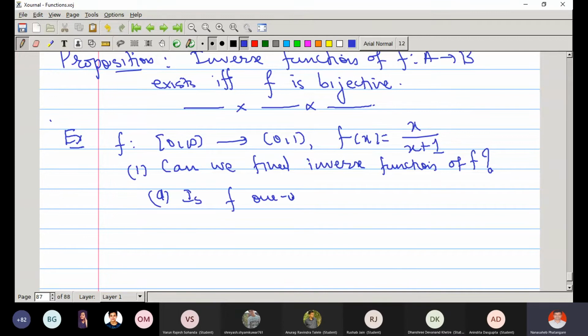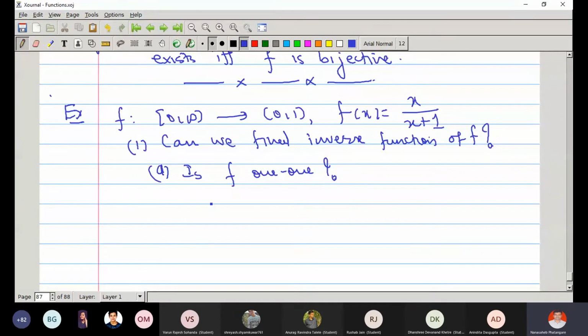How to check? Let x1 and x2 be two elements in the domain. Suppose f of x1 is equal to f of x2. Suppose the images are the same, that means x1 upon x1 plus 1 is equal to x2 upon x2 plus 1, because f of x1 is x1 upon x1 plus 1 and f of x2 is x2 upon x2 plus 1.